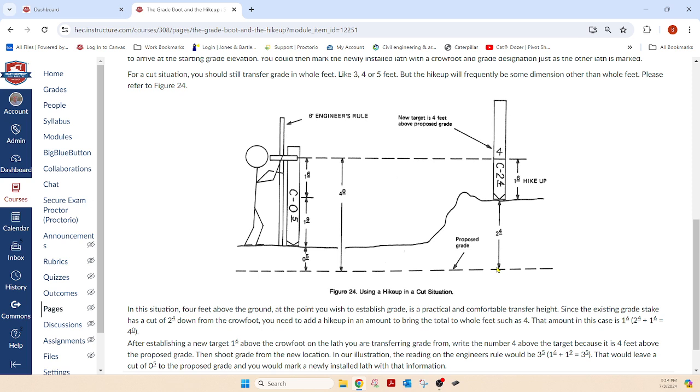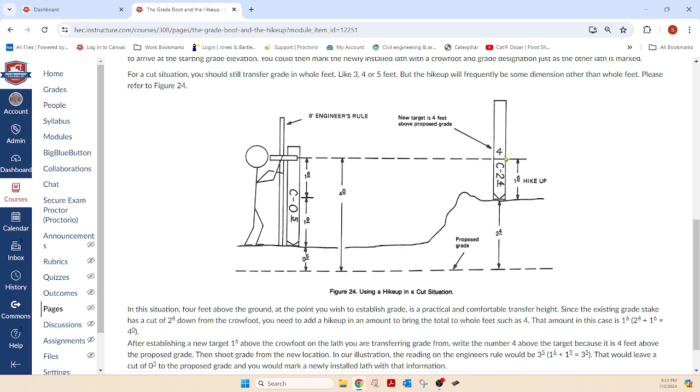Let me say that again. Looking at this stake, we don't need to know the cut, but we just happen to know it. They marked it here. But I'm standing over here and I don't want to squat down. I don't want to come over here and shovel this out of the way. So I'm just going to say I'm going to put a 4-foot boot on this stake so I don't have to squat down.